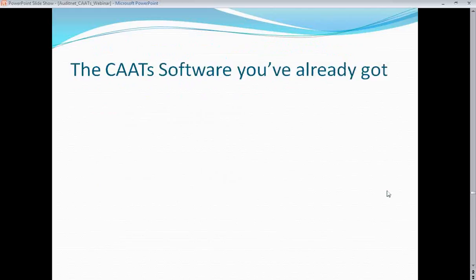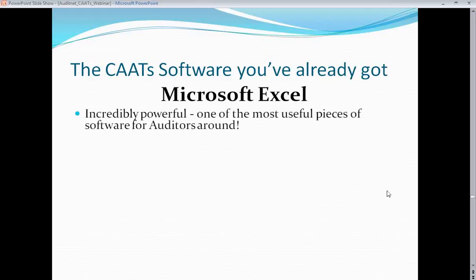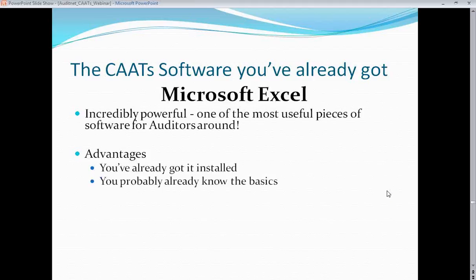Now, as you've probably already worked out by now, you've already got some pretty good CAATTs software installed. Microsoft Excel. Excel is incredibly powerful, and it's one of the most useful pieces of software I ever used as an auditor. The advantages of using Excel are that I'm sure most of you have already got it installed, and you've probably got a good understanding of at least the basics.